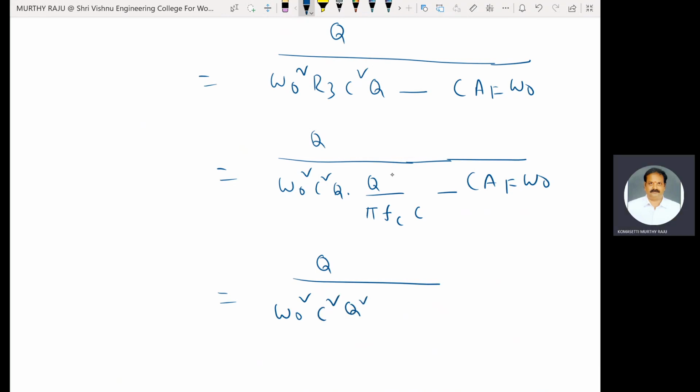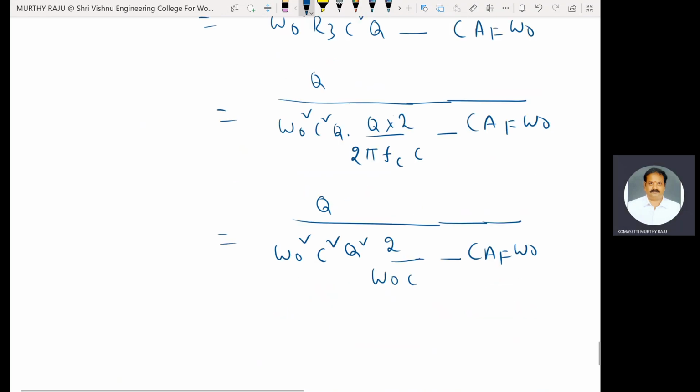Here numerator and denominator are multiplied with 2. That is equal to 2 by 2 pi fc is omega naught C minus C af omega naught. Here C is cancelled. Omega naught is cancelled.